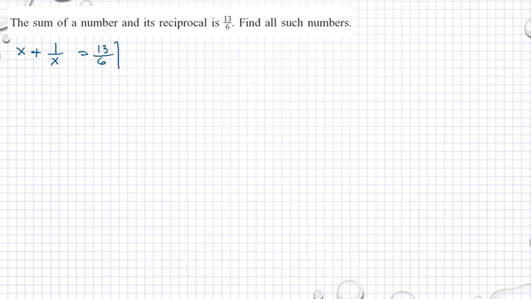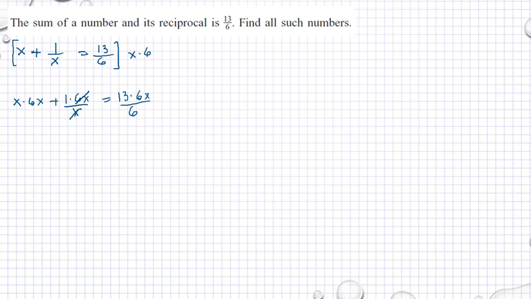So if we multiply both sides of the equation by the least common denominator, that is x times 6, then we have x times 6x plus 1 times 6x divided by x is equal to 13 times 6x divided by 6.